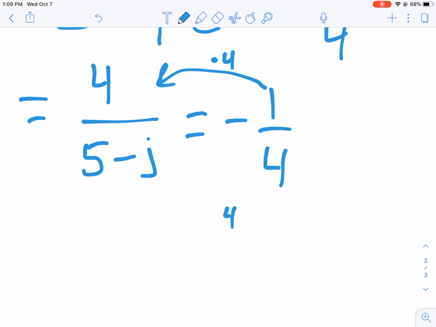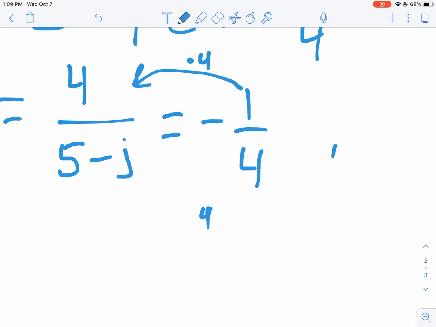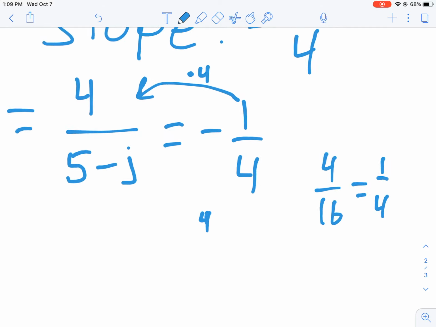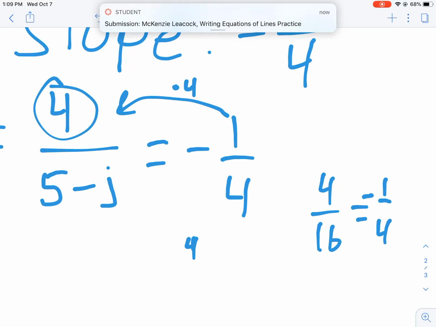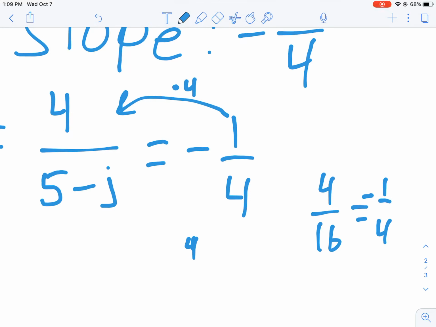Because if that was 16, 4 over 16 would equal 1 over 4. Now this is negative 1 over 4 though, so since the 4 on top is positive, we want this number on bottom to actually be negative. So we kind of need that to actually be negative 16.